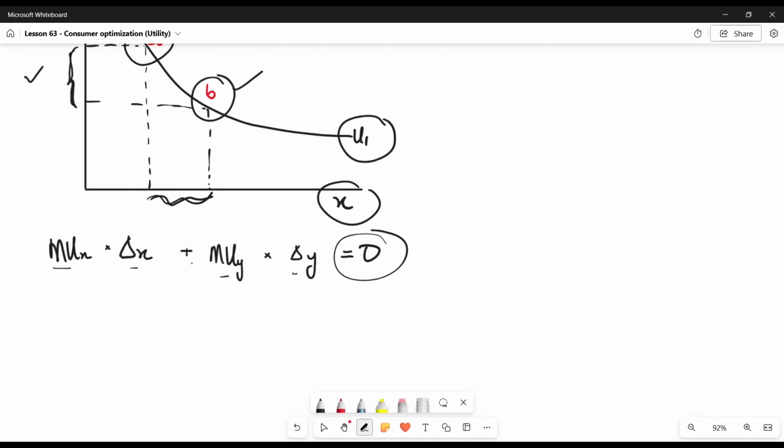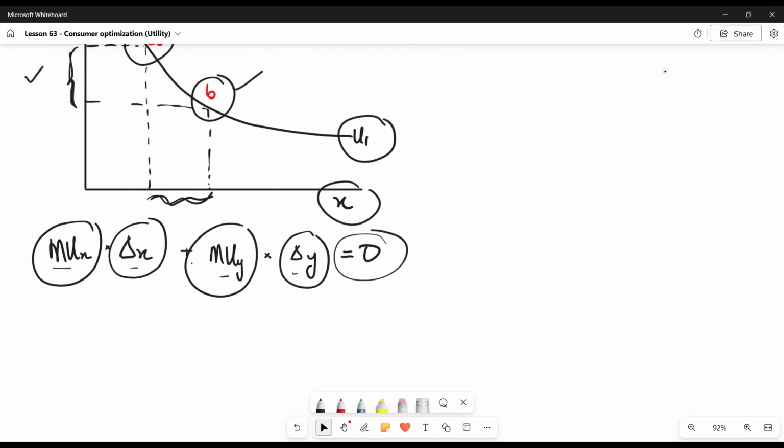In this equation, MUX is the utility gain from additional consumption of good X. MUY is the utility lost from consuming one less unit of good Y. The change in X is the quantity of X that is gained, and the change in Y is the quantity of Y that is lost.